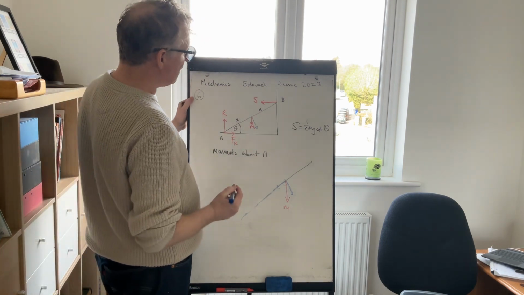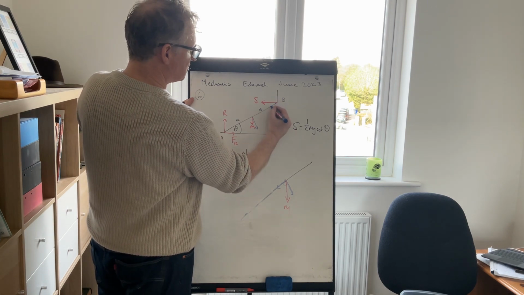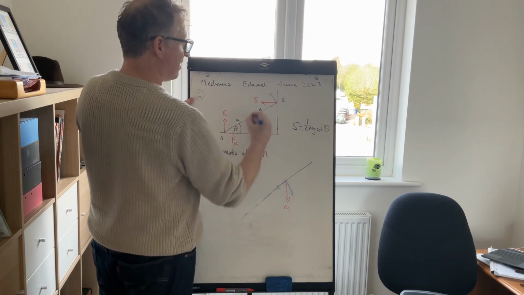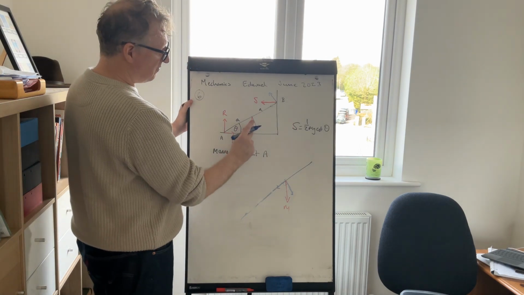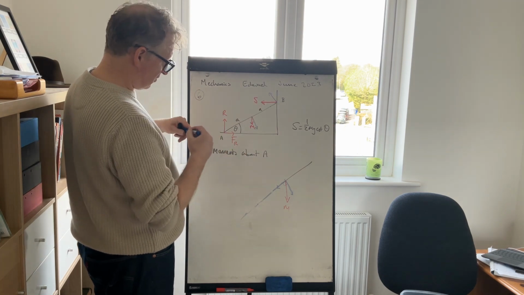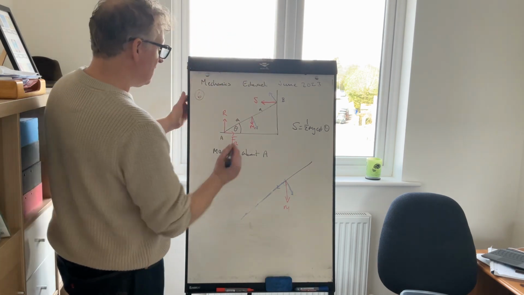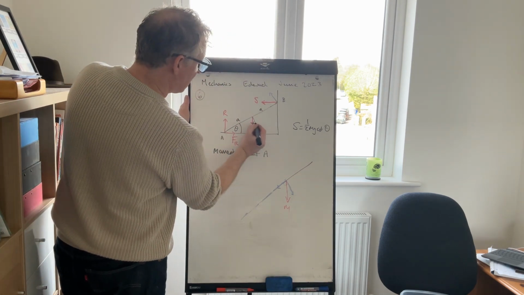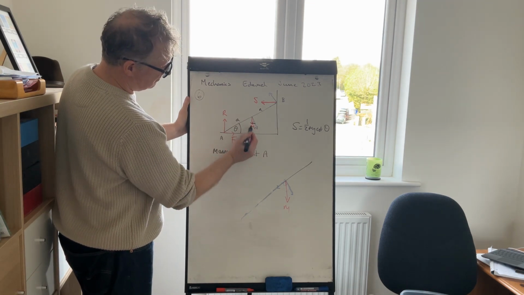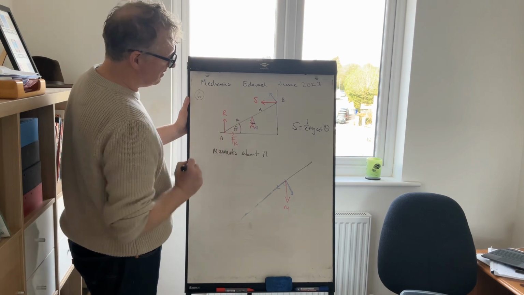Equally, for this force here, the S, we're going to resolve it into two forces as well, one going down that way and one nicely perpendicular there. So those are the two forces that we're going to do our moments about, resolving our forces. Now, looking at this, because that's theta, this angle in here is theta as well, because you've got a 90 degree triangle here, so that's theta, that's 90 minus theta, which makes that theta in there.